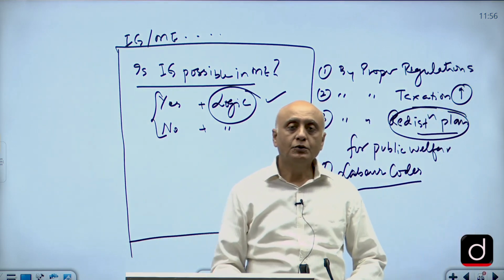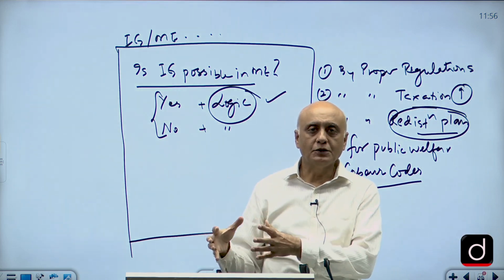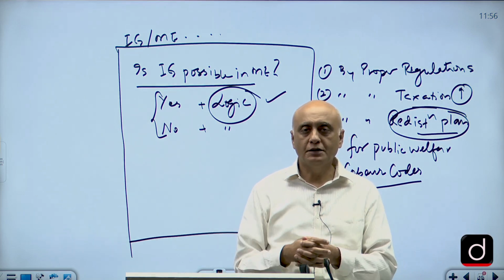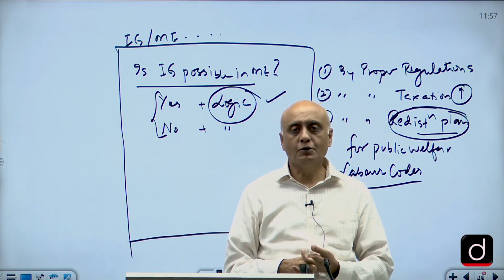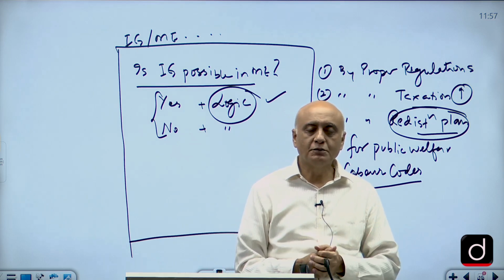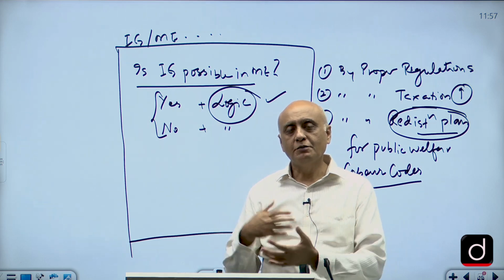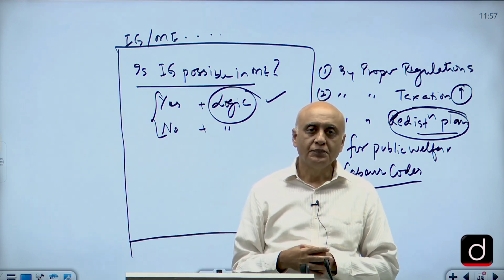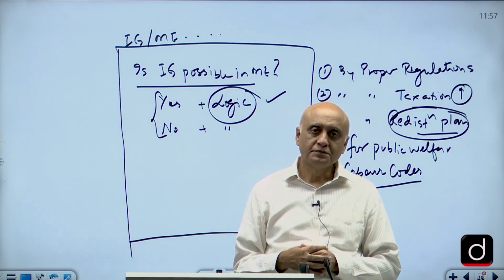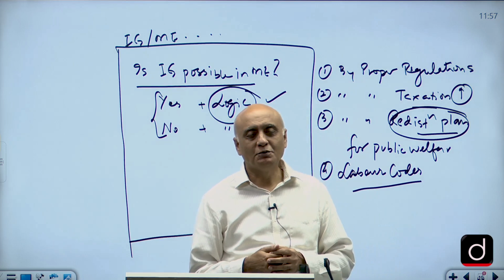If you are a capitalist economy, then there should be some labor laws which support the labor. Like in these days we are talking about gig workers. Now a gig worker on one side gives you a temporary job, but on the other side, if you are efficient, then you can make more money than the salary which you get in a regular job. So that is the advantage of having a market economy or gig economy.